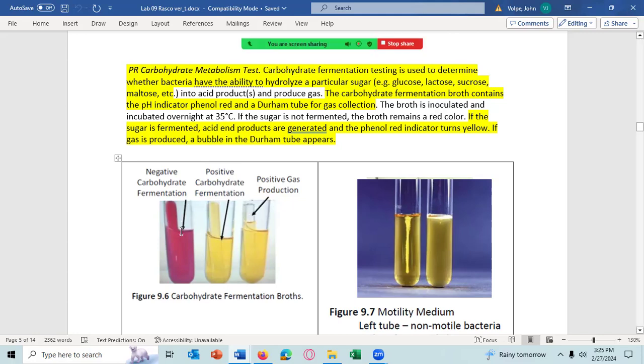You just put one sugar in there, and we call it the carbohydrate metabolism test because all the tests are the same. The only difference is the sugar that is metabolized, and we'll call it fermented. So instead of calling it glucose metabolism test or the sucrose metabolism test, I'm just calling it the PR carbohydrate metabolism test. Any questions about any of that? All right.